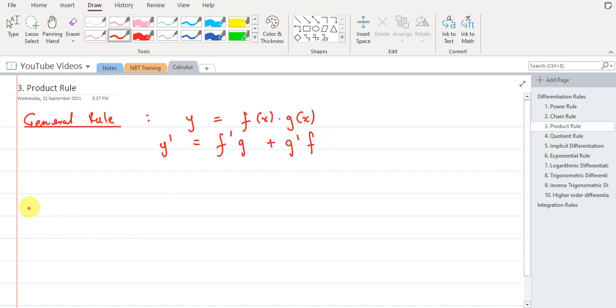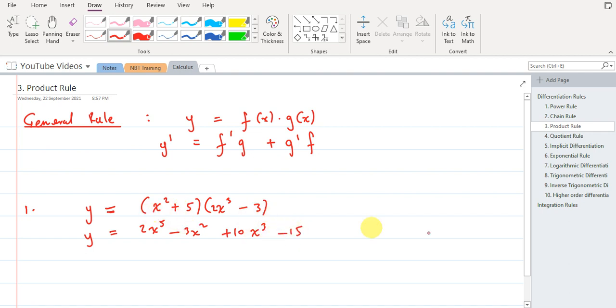So let us look at the example. Example 1. If I try to apply the power rule here, in this example, x squared plus 5 into 2x cubed minus 3, we're going to write it in terms of powers. x squared times 2x cubed is 2x to the power 5, x squared times minus 3 is minus 3x squared, plus 10x cubed minus 15.